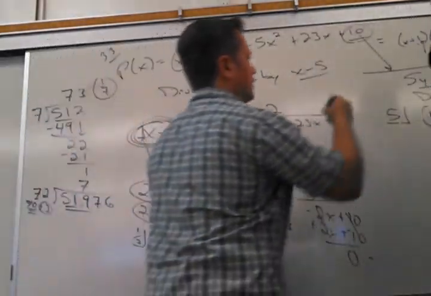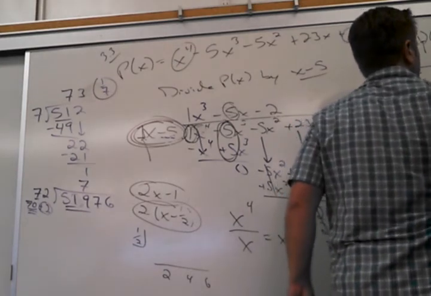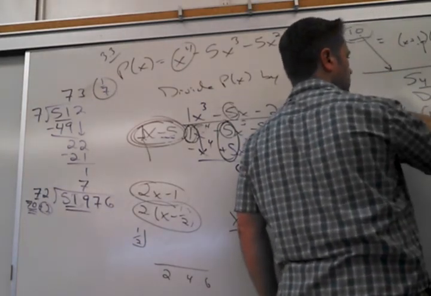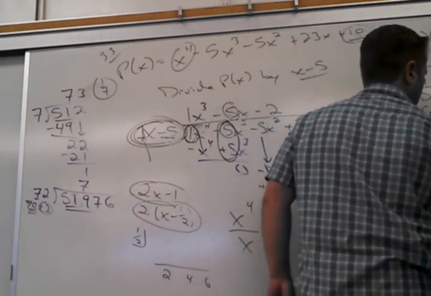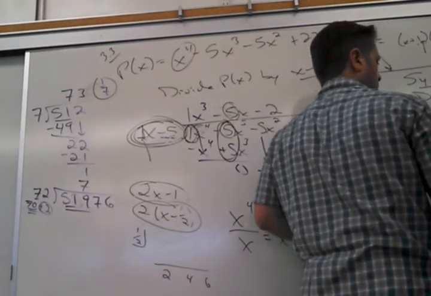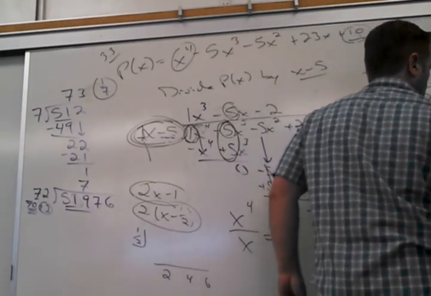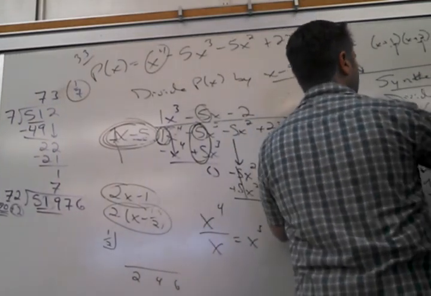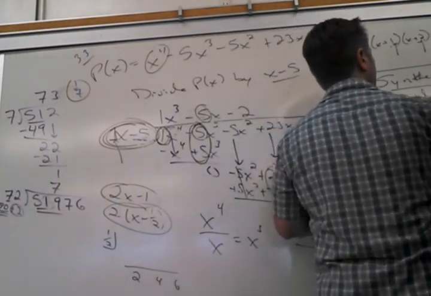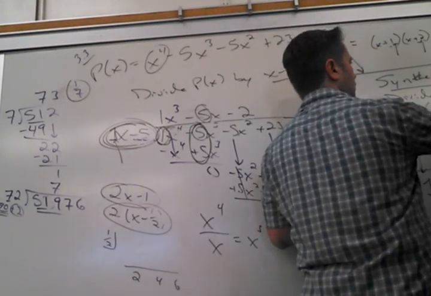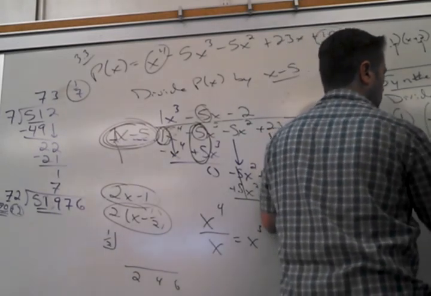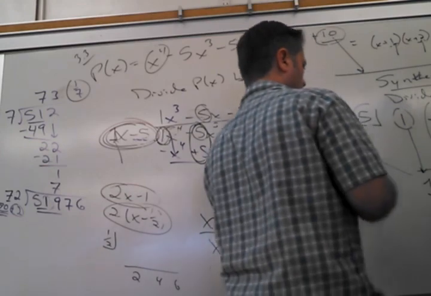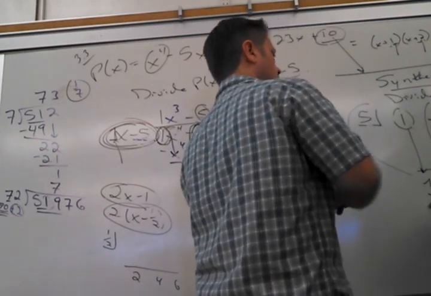If this would have started off like divide by 2x minus 10, I would divide by x minus 5 and then divide by 2. This is division by x minus 5. Then to divide by 2, I just have to put everything over 2. So basically you get all these numbers first, and then you just do them all.